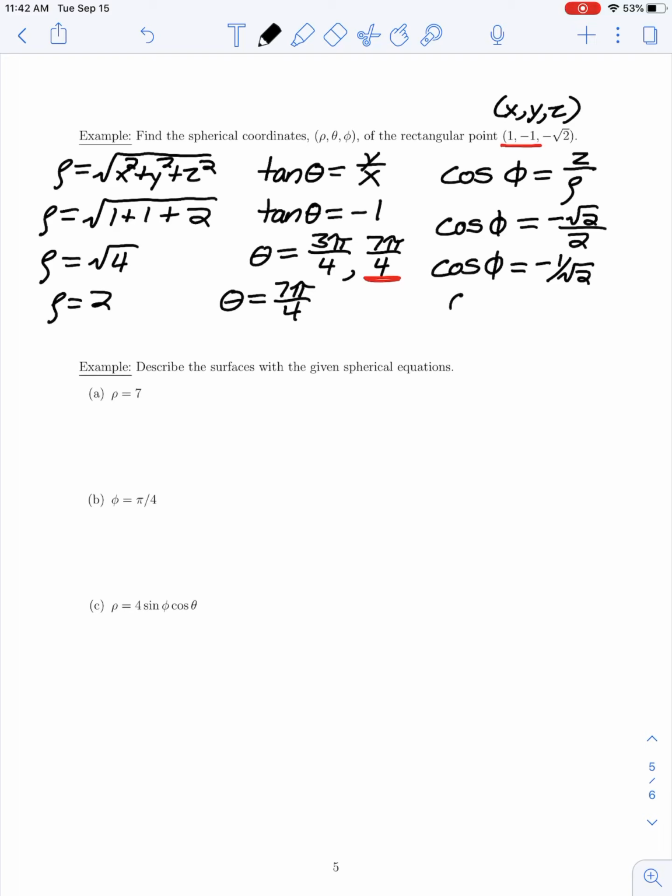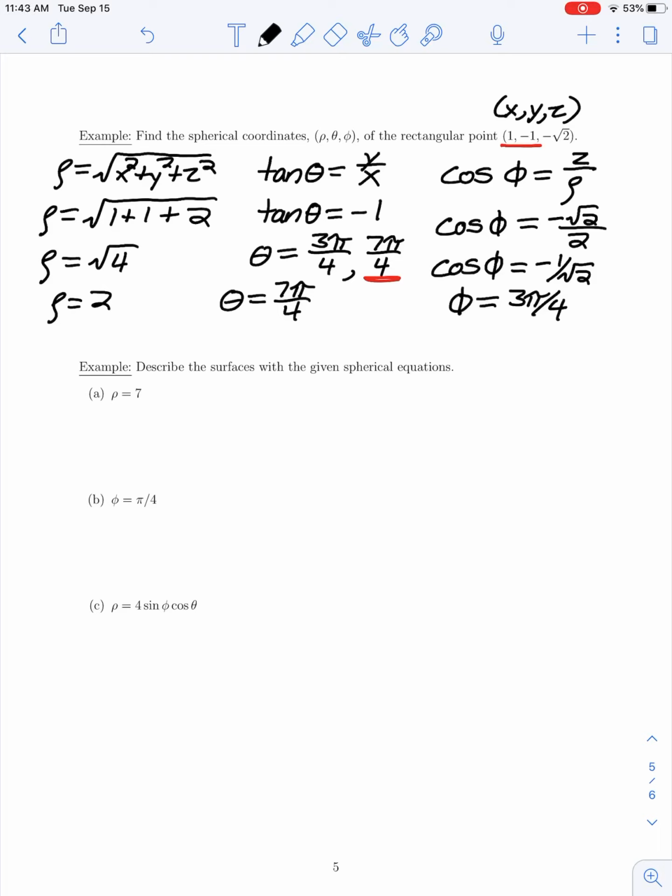So the angle phi that would produce a triangle such that cosine of that angle measure is -1 over √2 would be 3 pi over 4.